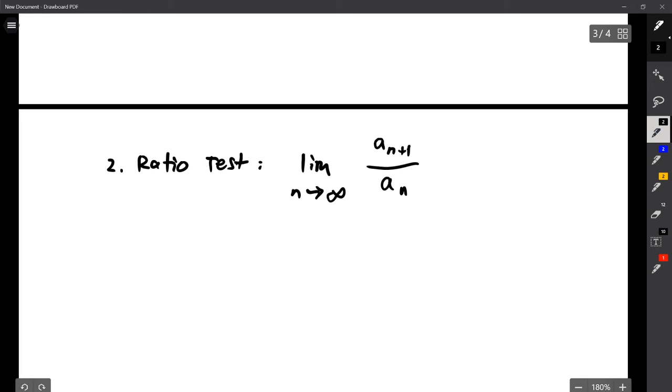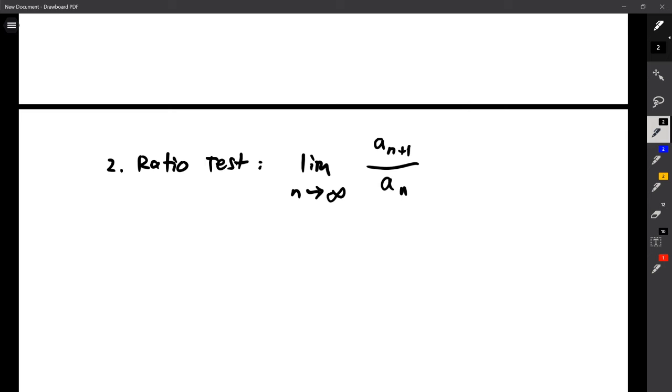Here's what that means. Before I say that, let me say a sub n is a representation in terms of n of our nth term. Right? We had that in our arithmetic and geometric sequences and series lessons. A sub n is the nth term. A sub n plus 1 is the next term after that.